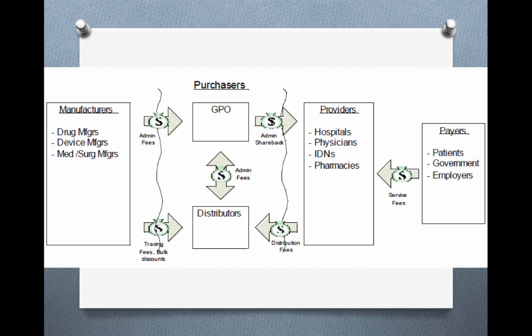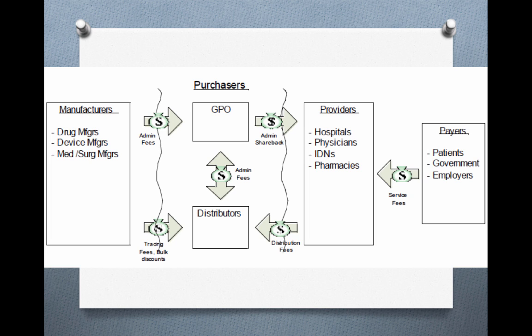Here is a chart of a healthcare supply chain. You can see they first start with the manufacturers, which can be pharmaceuticals, medical or surgical supplies, and devices. Next are the purchasers, which can be distributors, which are wholesalers or e-distributors, and GPOs, the group purchasing organizations.